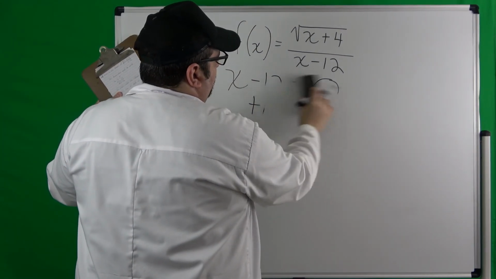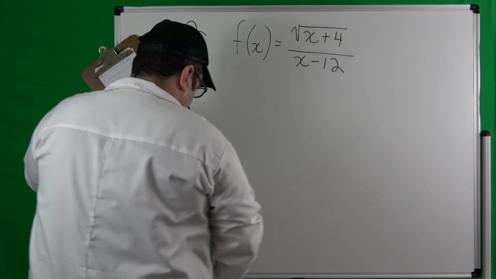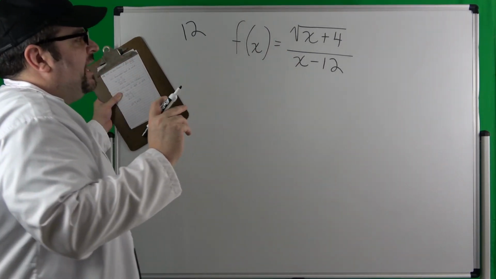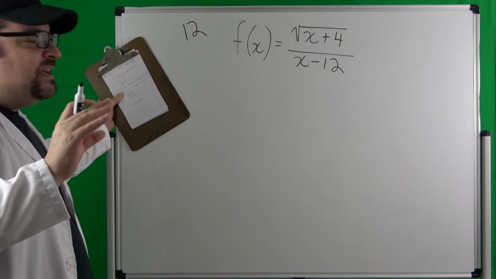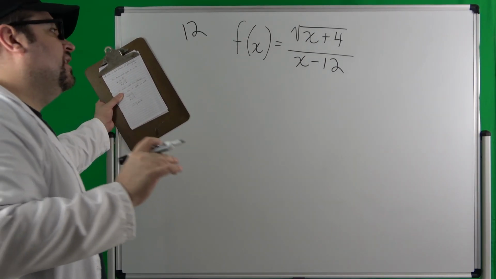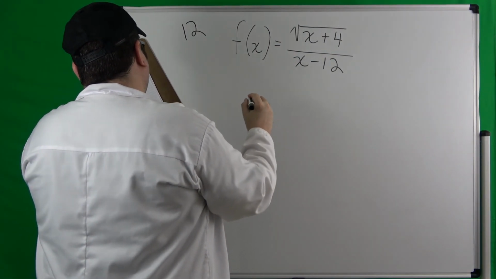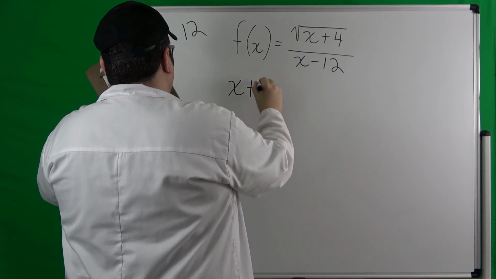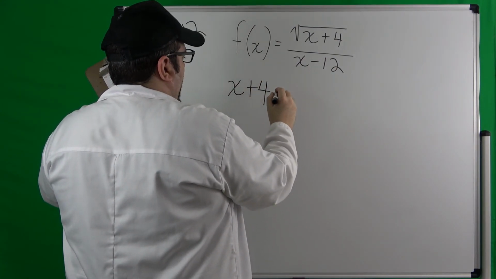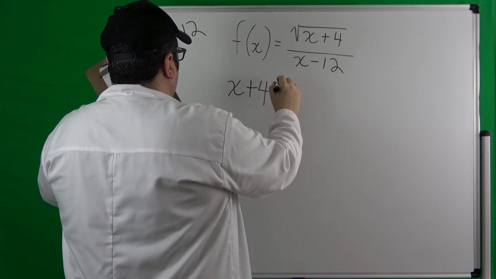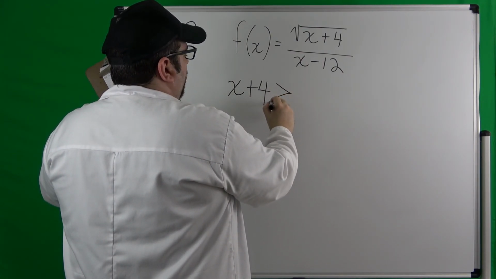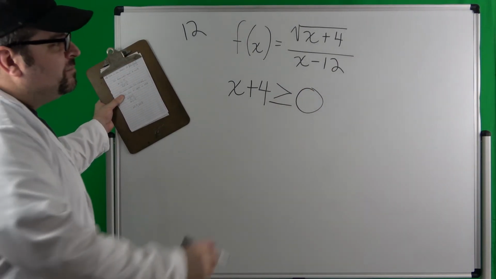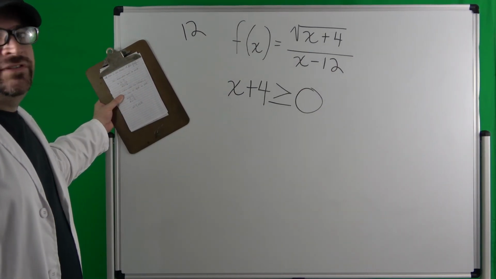Now, let's deal with what's under the radical. Remember, whatever ends up being under the radical cannot be negative. So what we're going to do here is take x plus 4 and set it greater than or equal to 0, because it could be 0, since the square root of 0 would just be 0.